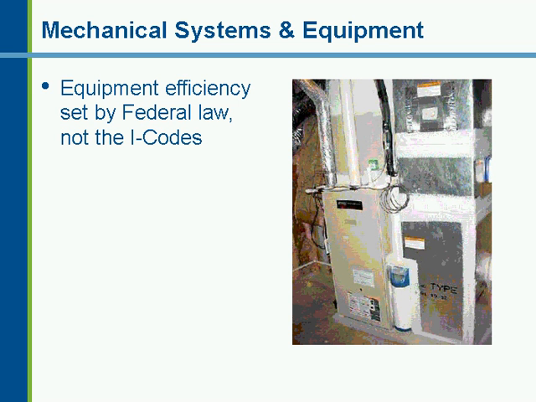One of note that you've probably heard about, the minimum allowable manufacturing standard for air conditioner efficiencies has recently changed from a SEER of 10 to a SEER of 13. That really has nothing to do with the I-codes, except that the I-codes do specifically make reference to those federal minimums as the baseline efficiency requirements in your trade-off path, your performance path.